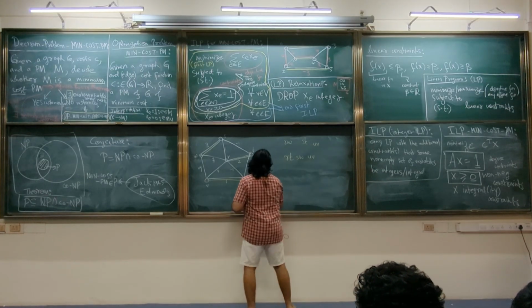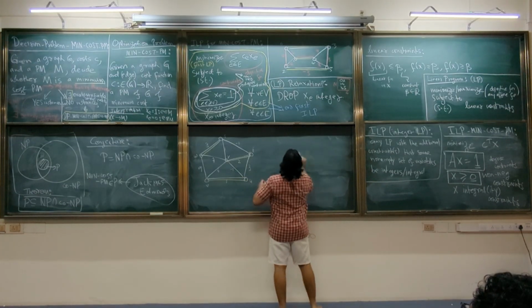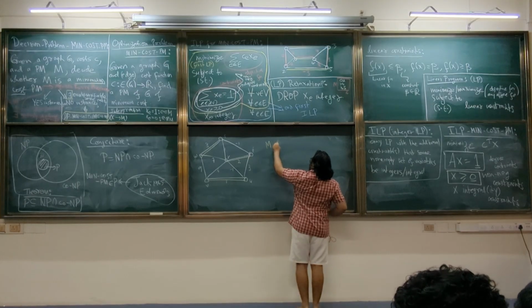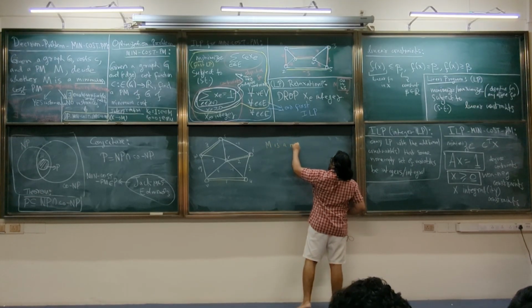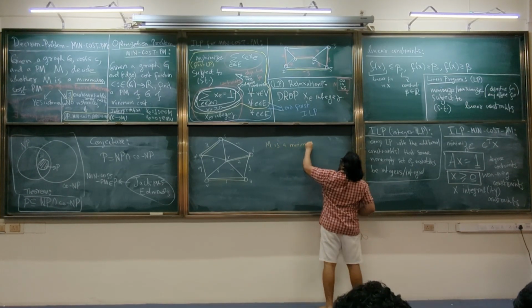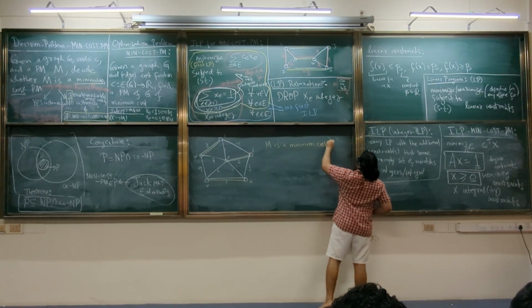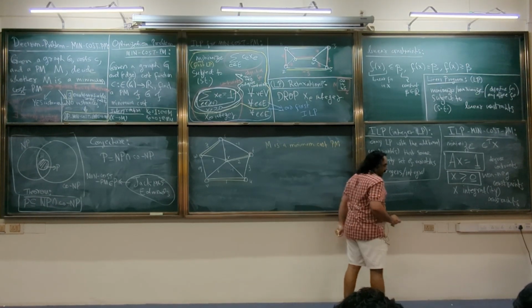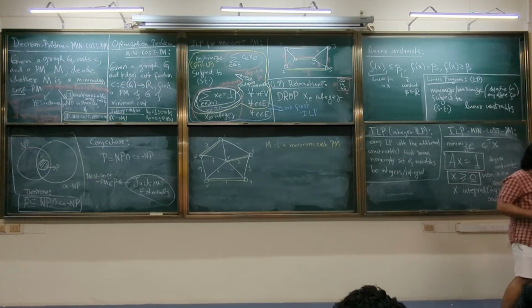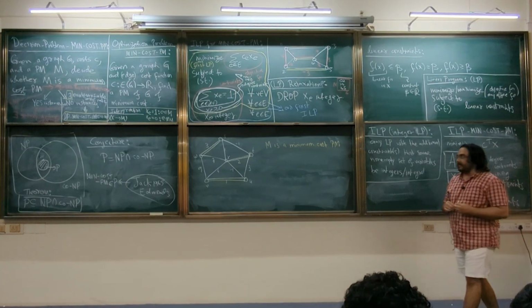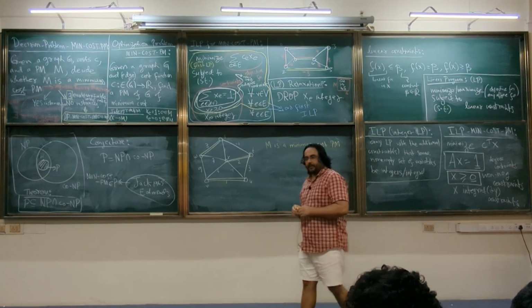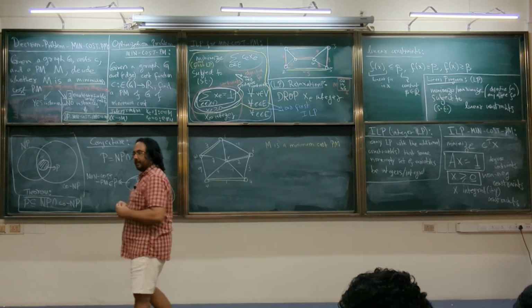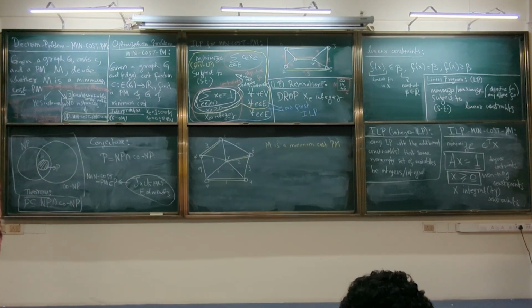So this is actually the minimum cost perfect matching. And of course the way you all convinced yourselves, they basically listed down all the perfect matchings. There are not too many of them. And you basically compared to this and you concluded this is a minimum cost perfect matching.